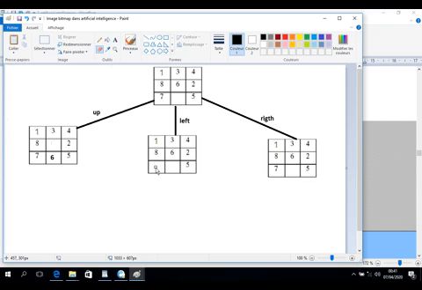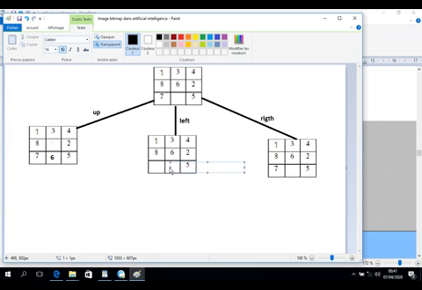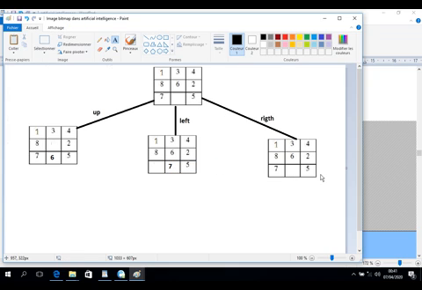So it means that this 7 should move left, and then right.